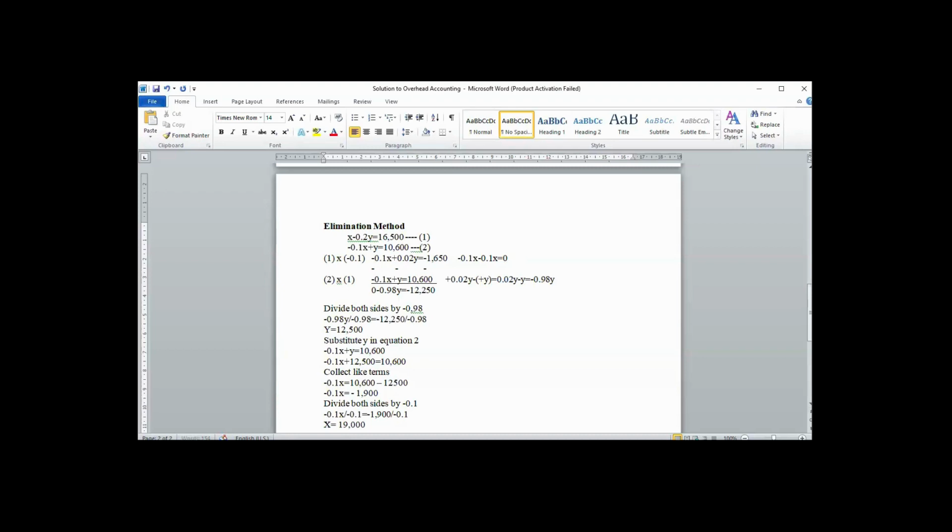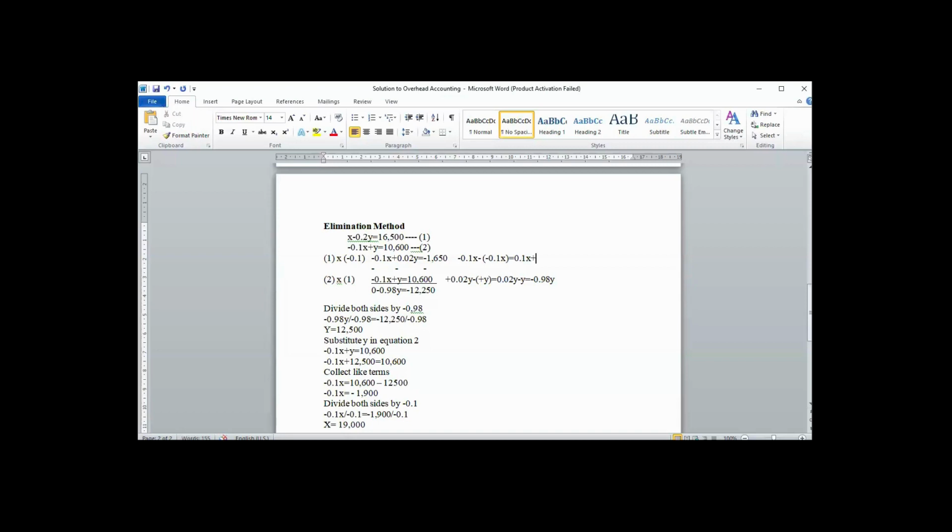We now say this will now be minus, open a bracket, minus 0.1 x, close the bracket. That will now be minus times minus, it will give you plus 0.1 x.